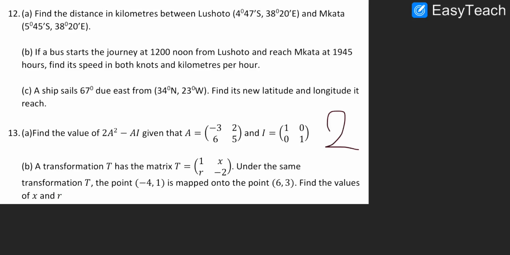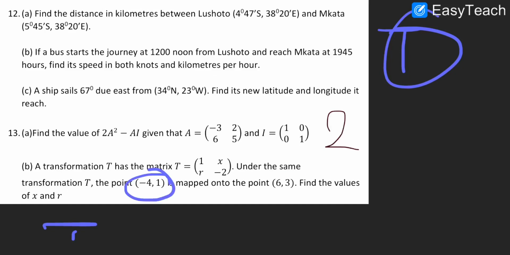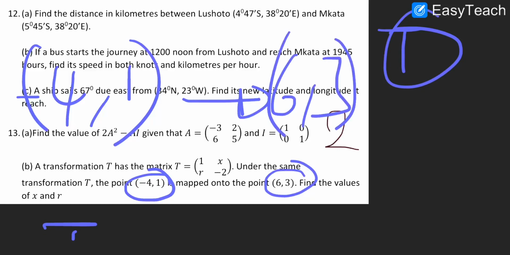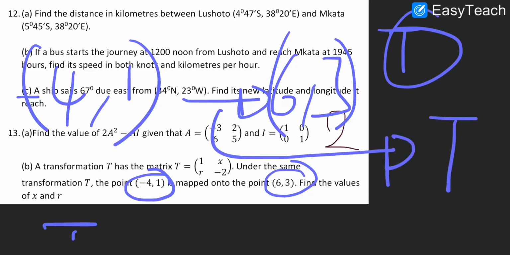You have to understand that under this T, the point negative 4, 1 was mapped to 6, 3. But this mapping is under transformation T.